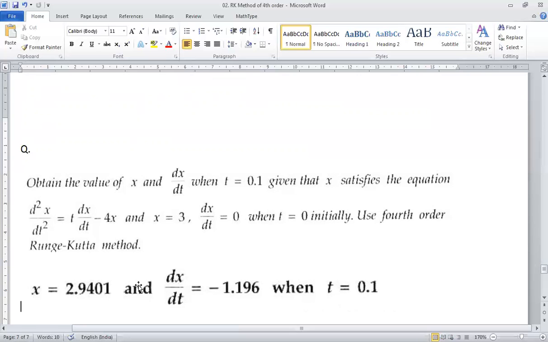Use fourth order RK method. For the reference, I am also giving you the final answer. You should get x as 2.9401 and dx by dt as minus 1.196 for t is equal to 0.1.